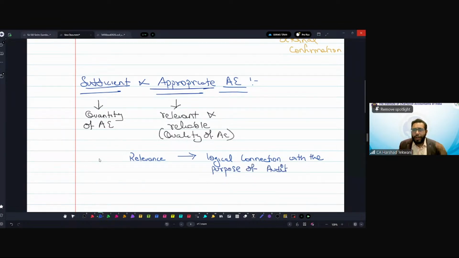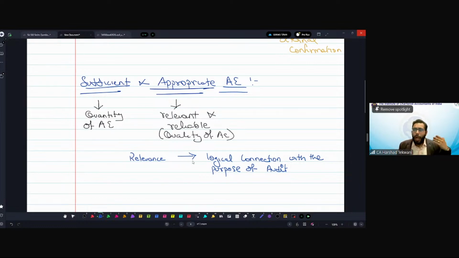So whatever audit evidence I have received, whether that audit evidence has any logical connection with the purpose for which I was doing a testing. If yes, then you can say yes, it has relevance. Relevance can be of different nature. For example, it can be highly relevant to the testing, or somewhat medium relevant to the testing.